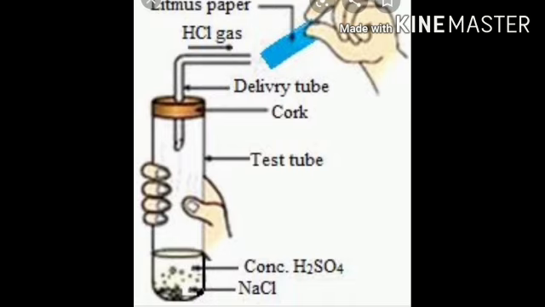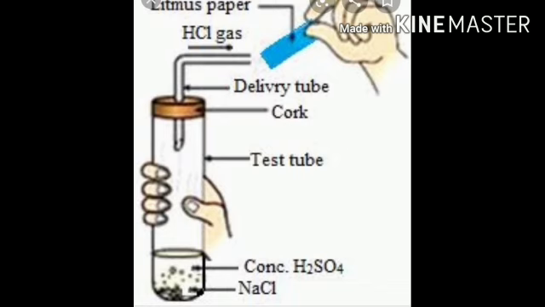What does this experiment suggest? Hydrogen ions in HCl are produced in the presence of water, and HCl shows its acidic properties due to these ions, and the ions are released only in the aqueous solution. In the dry state, it does not dissociate into ions and thus does not show its acidic property.